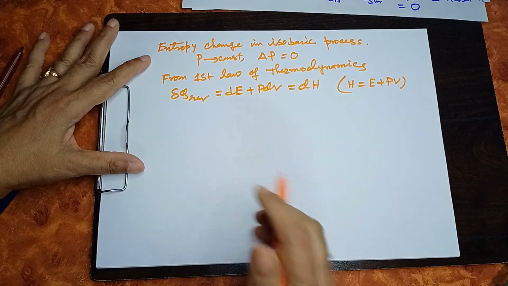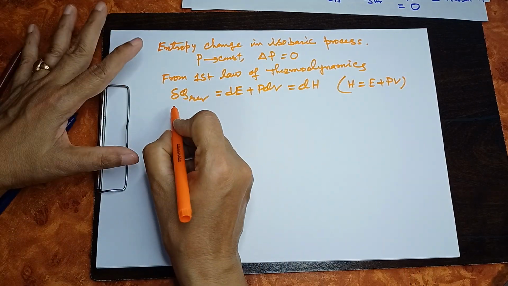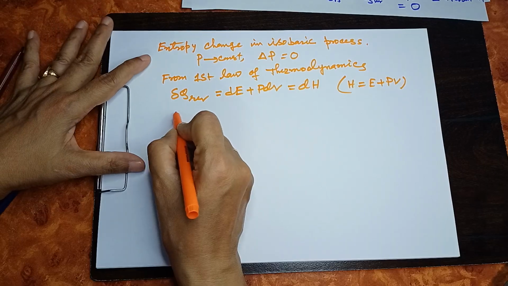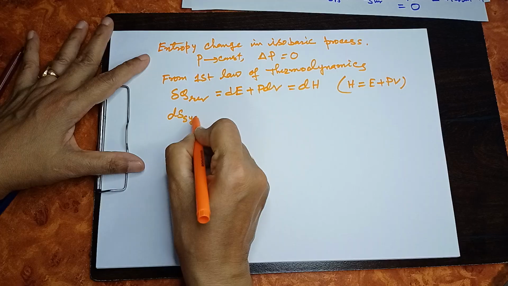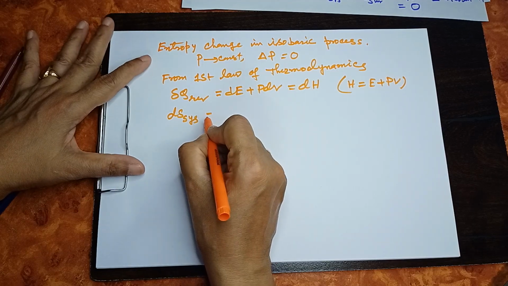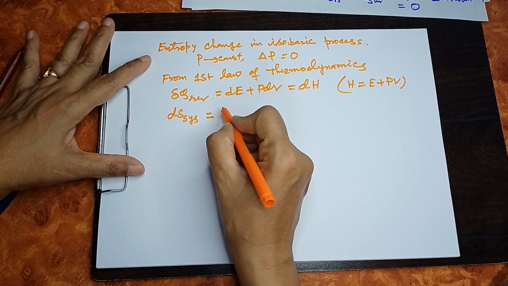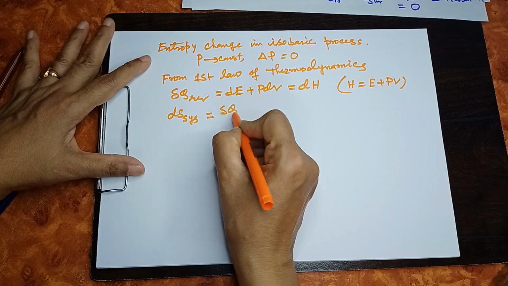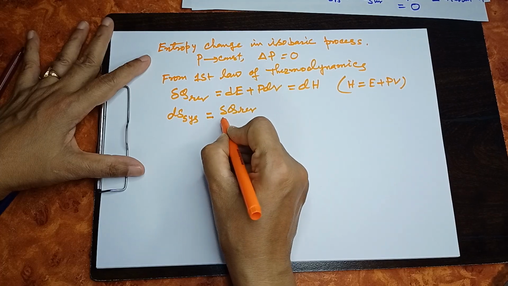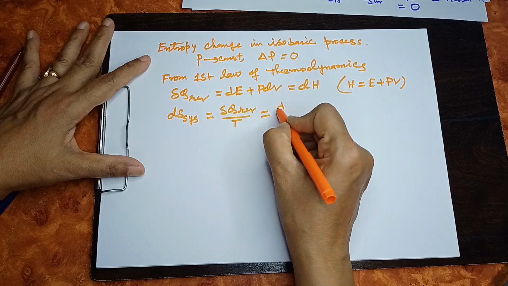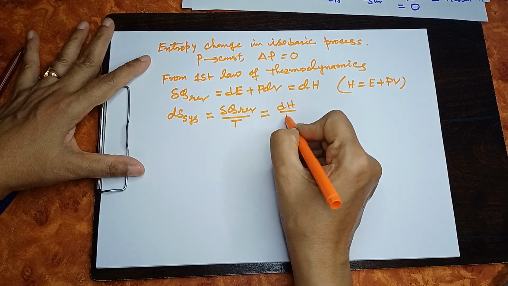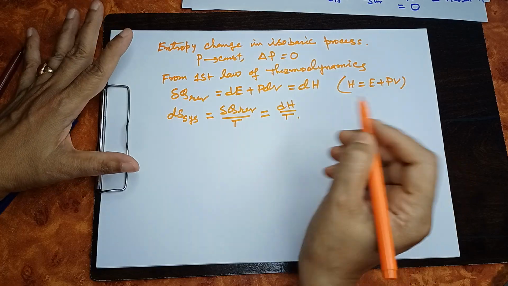So delta S, or change in entropy of the system, will be equal to del Q reversible by T, and that is equal to dH by T, right?